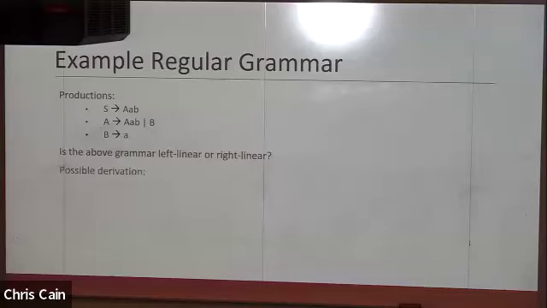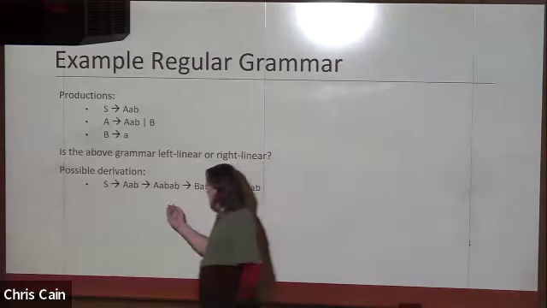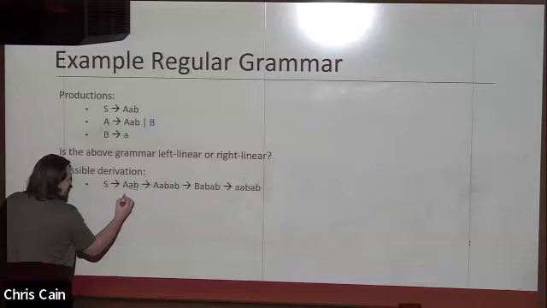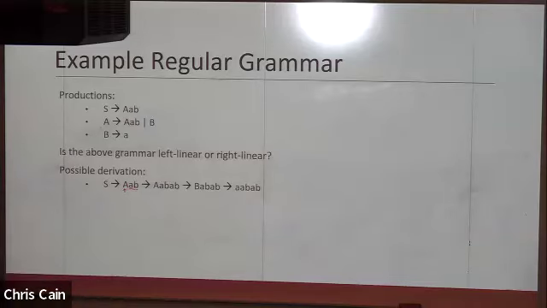Some possible derivations from this, strings that are in this language. You could generate something like AAB. And you see that at all points in time, the string, as we're deriving it, begins with the non-terminal. And then we are expanding our definition, incorporating more terminals as we go. So we're denoting that this string ends in AB, and then we have a non-terminal here that says there's more stuff at the beginning, but we don't know exactly what that is.